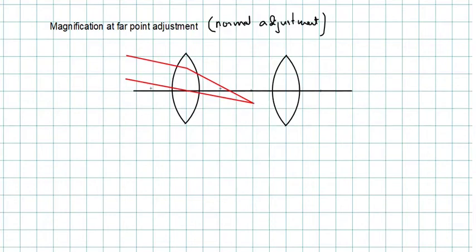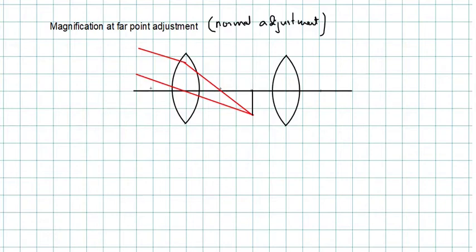Okay, let me make this a little bigger, because last time my diagram was a little congested, so I will try to make it bigger this time so that you can get the picture. So this is the object, the intermediate object.